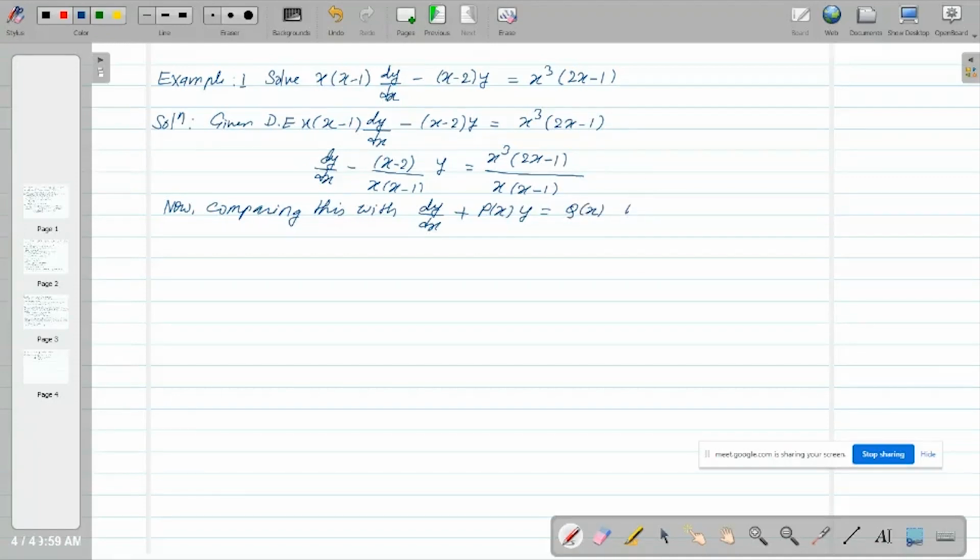Okay, we get p(x). What is p(x)? We get p(x) equal to x minus 2 divided by x into x minus 1.